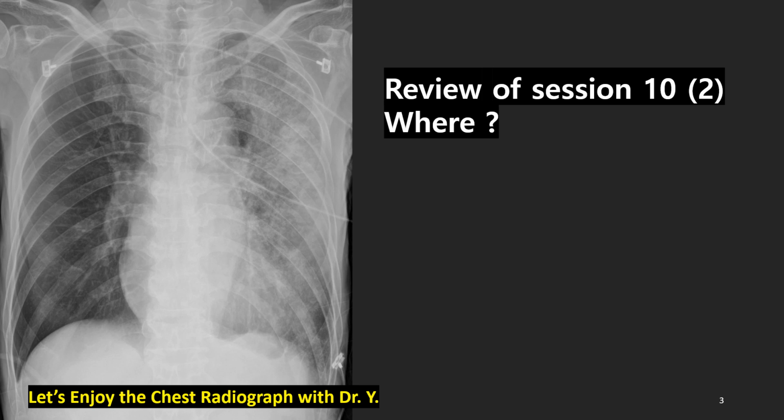But if you see carefully, CP angle area is preserved, diaphragm is preserved, aorta line is preserved, heart border is obliterated, Luftsichel sign is visualized. So this is left upper lobe lobar pneumonia. Correct. Now you are the master of the lobar anatomy of the lung.